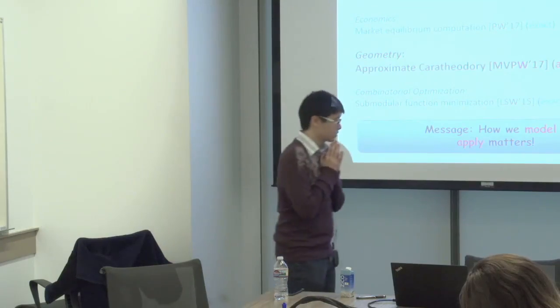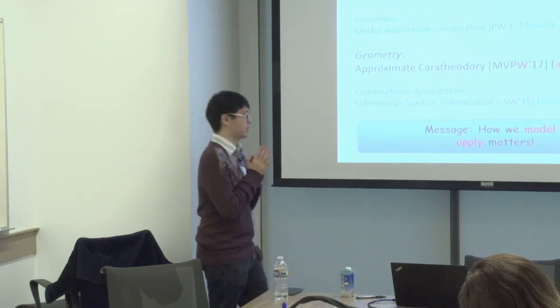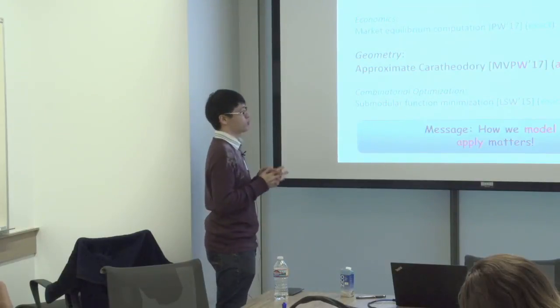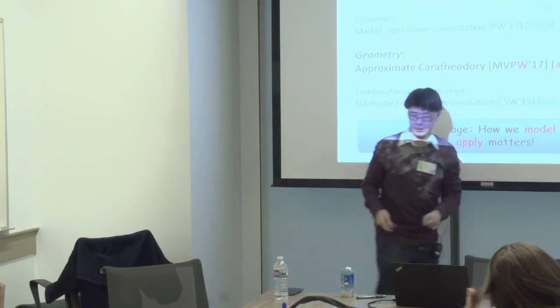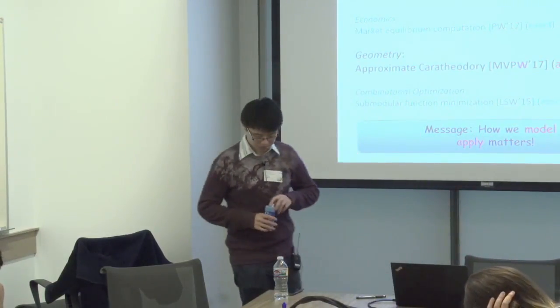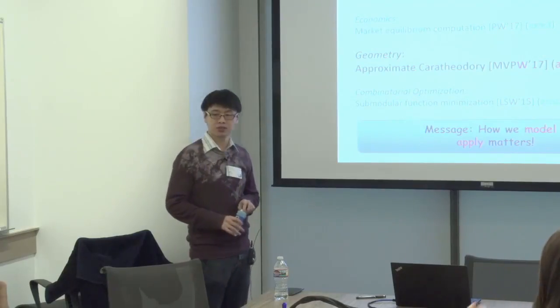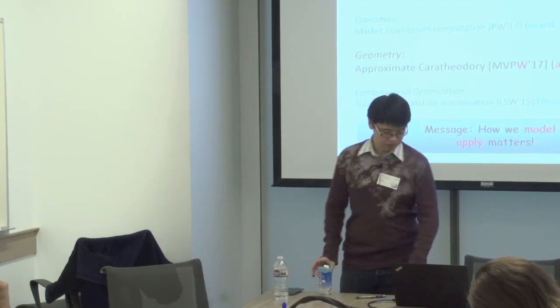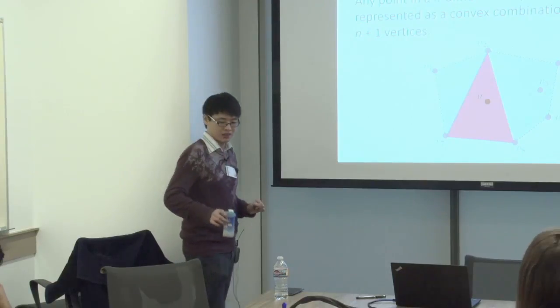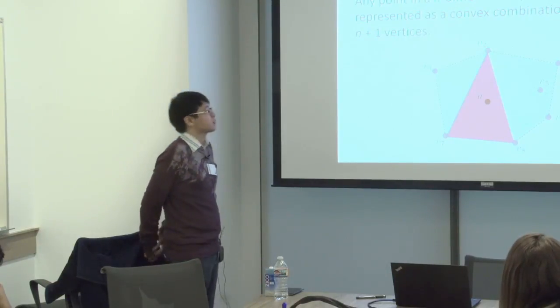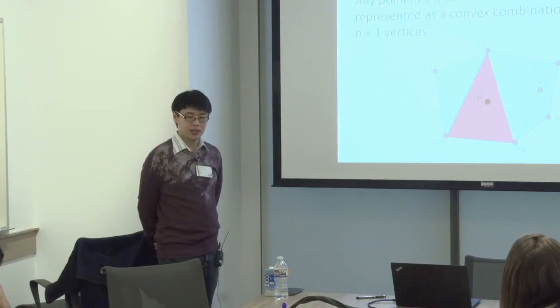And so the second example for today is a problem from geometry. It's not quite the same as before because in this case we'll be happy with approximation. And it's basically inherent to the problem in some sense, and you'll see why. Some of you may not recognize the name, but it's the Caratheodory theorem, a simple fact from LP and convex geometry.